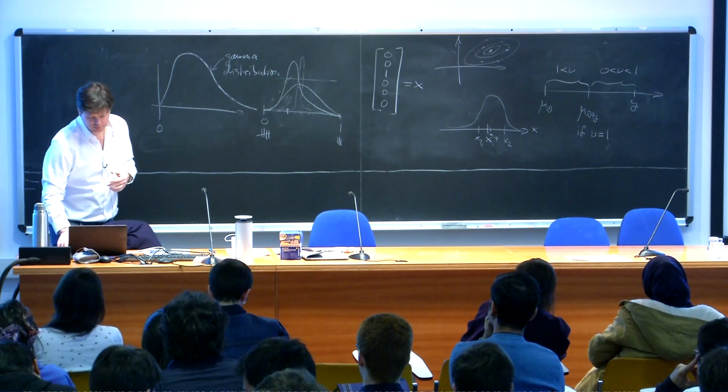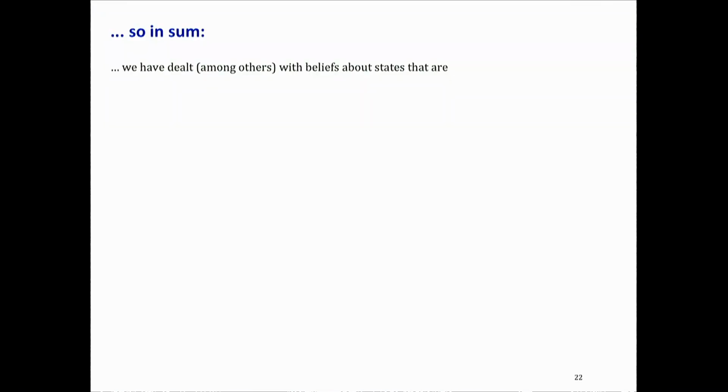So in sum, we have dealt with beliefs about states that are binary. These were the Bernoulli models, where we had outcomes that were either black or white, yes or no. Categorical, multiple categories. Bounded on both sides, then we had a beta model.